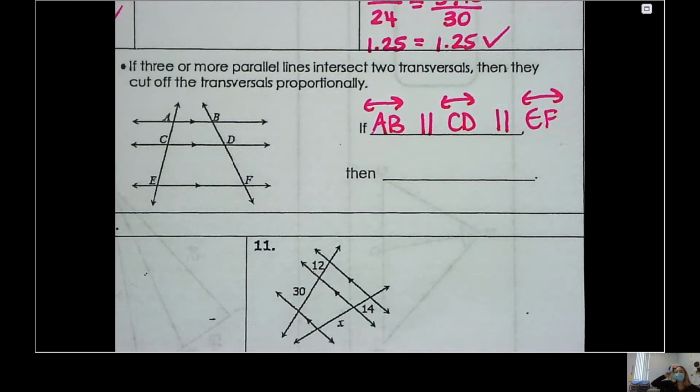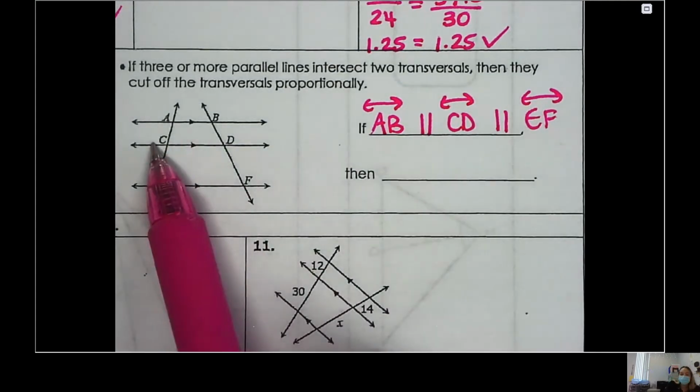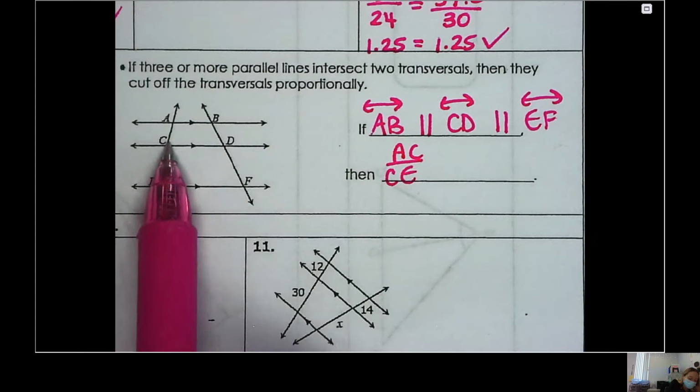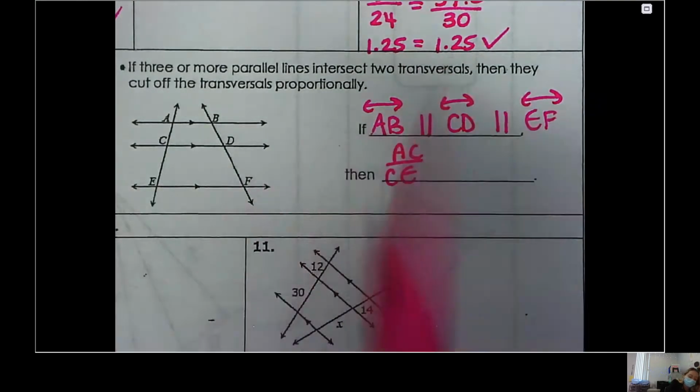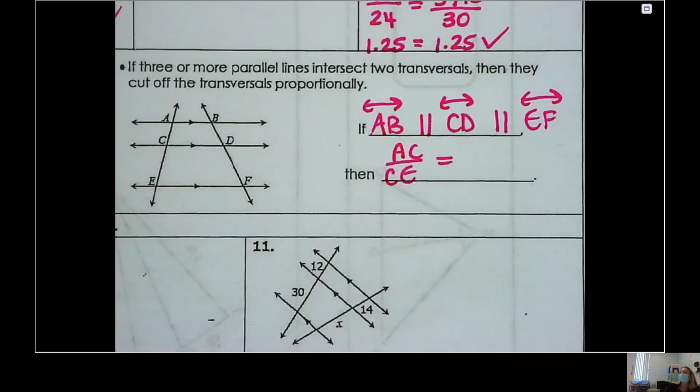You take 2 sides on the same line. So in my picture here, I've got AC divided by CE. This piece divided by this piece should be equal to what? Same order on the other side. What would that be?